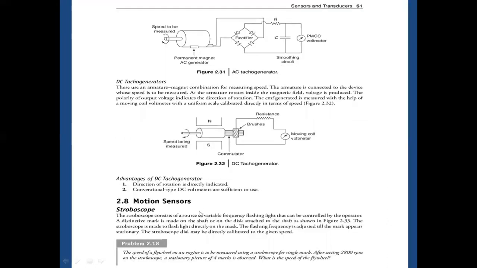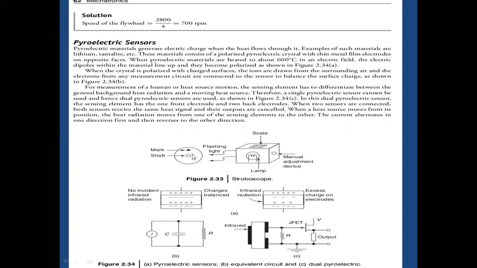A distinctive mark is made on the shaft. Suppose in this situation we make one mark here. This is the shaft whose motion is to be measured.